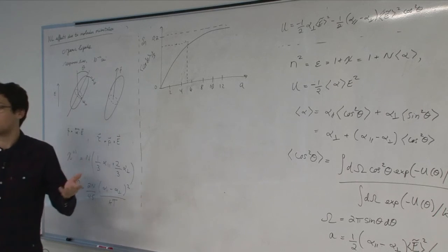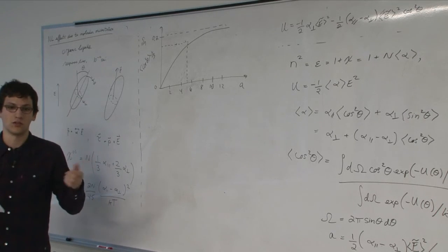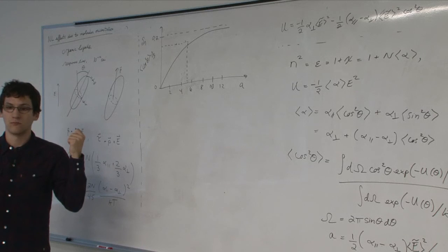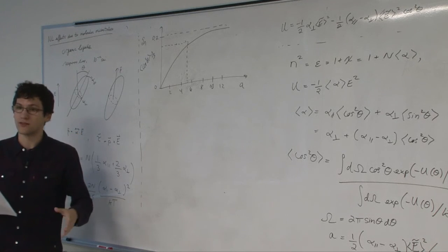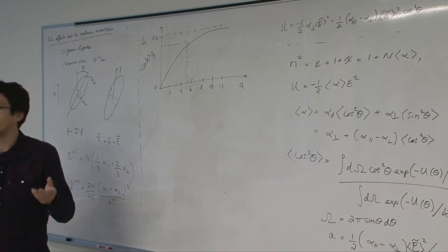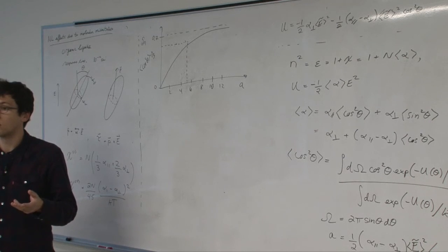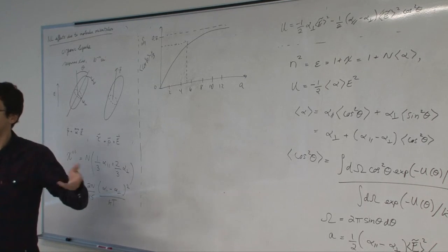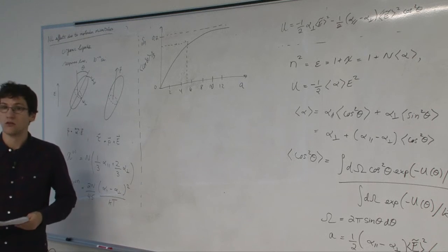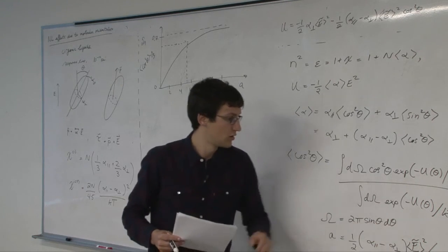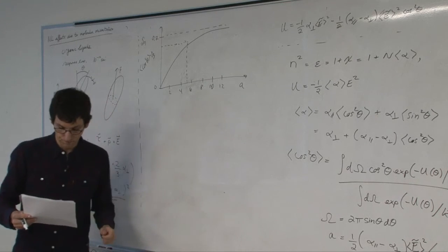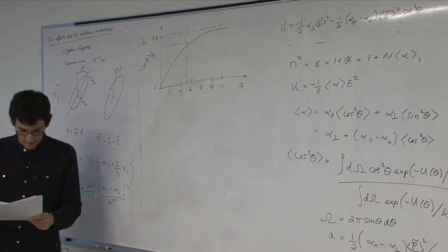It's not saturation, it's just that they will be aligned. You pump them so much that they just get aligned and just stay there, basically. So there's no counter effect due to thermal effects anymore, just because you have such a strong average electric field.